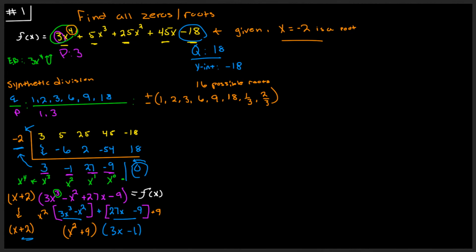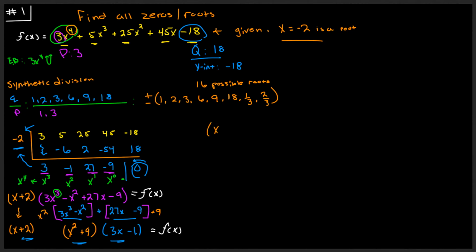So these three are our f of x factored. Now to proceed further and find out what our roots are, let's set these all to 0. I'm going to do these in different colors.